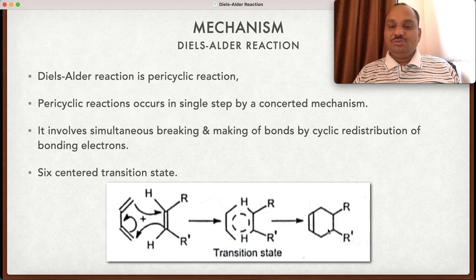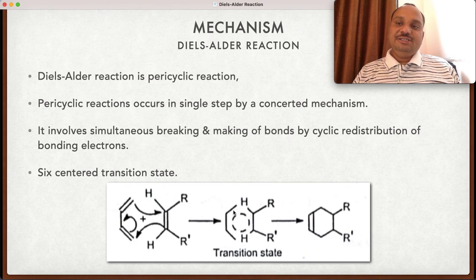There is the formation of this single bond. In the transition state, there is simultaneous breaking and making of bonds, and there is cyclic redistribution of the bonding electrons, and the formation of this transition state gives further the product, that is the cyclohexene.